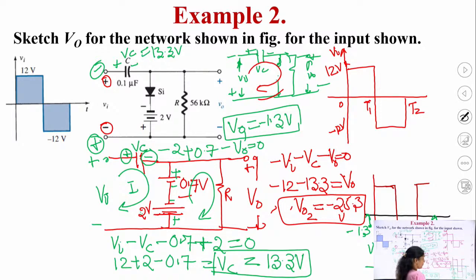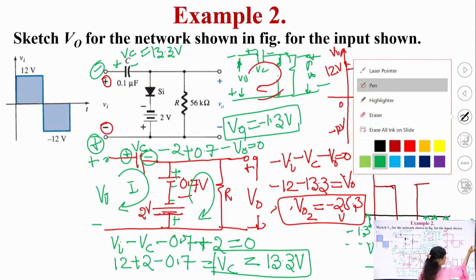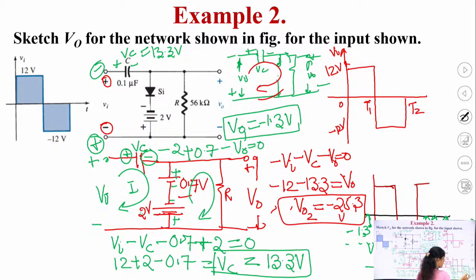It has been shifted 13.3 volts. See, the center of this 24, this is 12 volt, this is 1.3. So the net voltage, that is how much? It is 13.3 volts, and it is shifted upward. You can see that this DC level has been shifted upward.